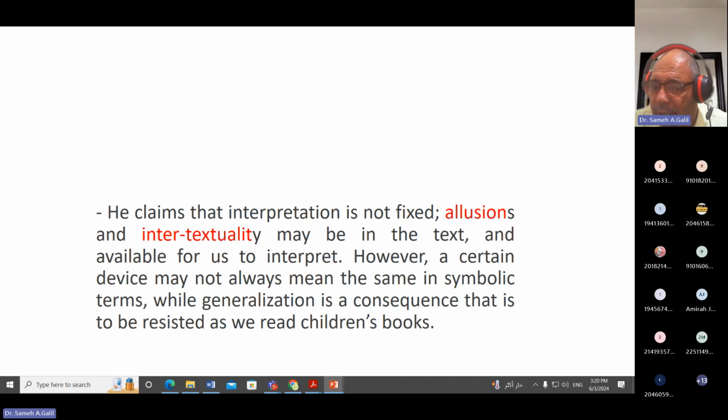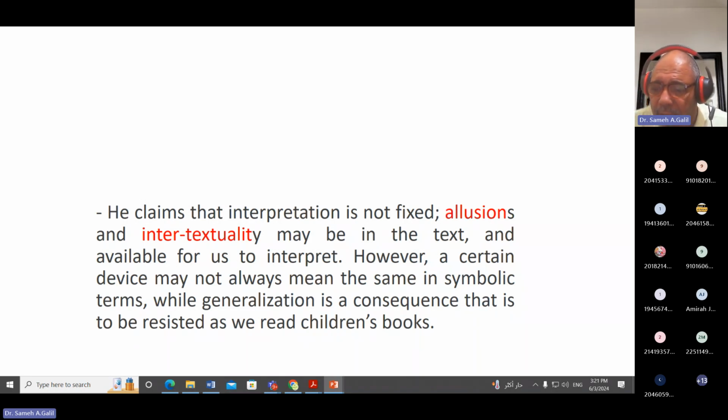He says picture books are full of allusions and intertextuality. Intertextuality is when you borrow ideas from other pieces of work. When you borrow images from other pieces of work, this is called intertextuality. Allusions is the same. When I'm reading a poem and I have references to ideas from other pieces of work, this is called allusions and intertextuality.